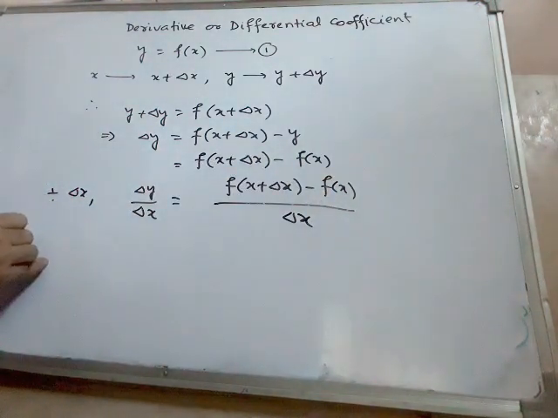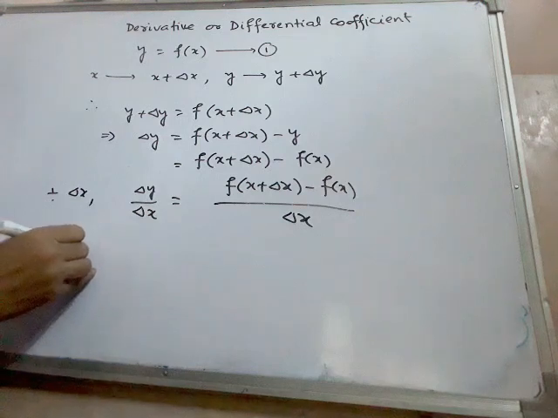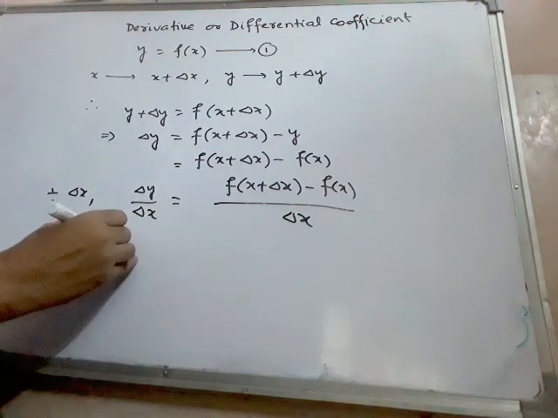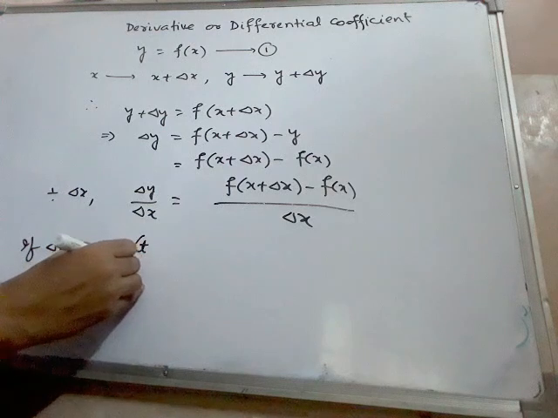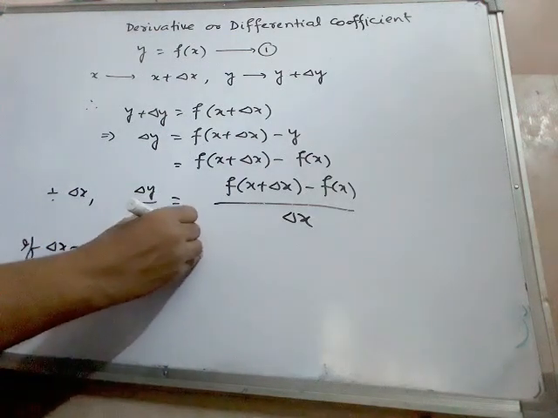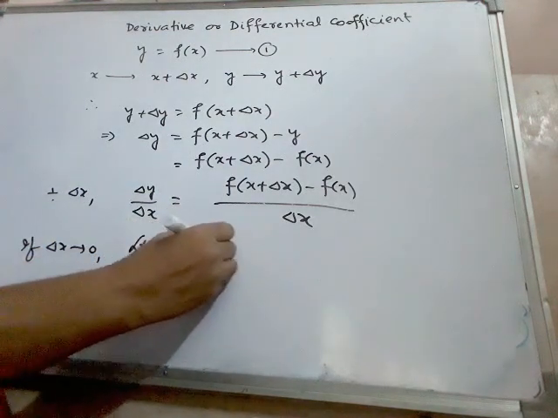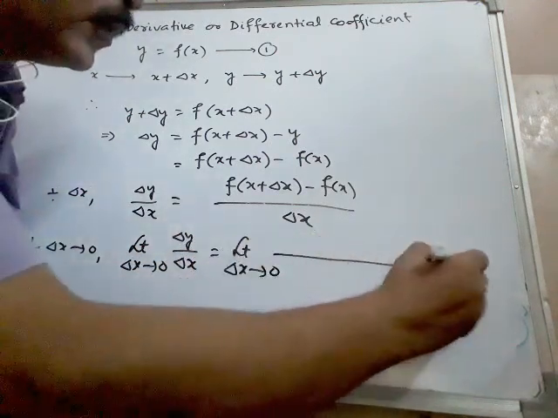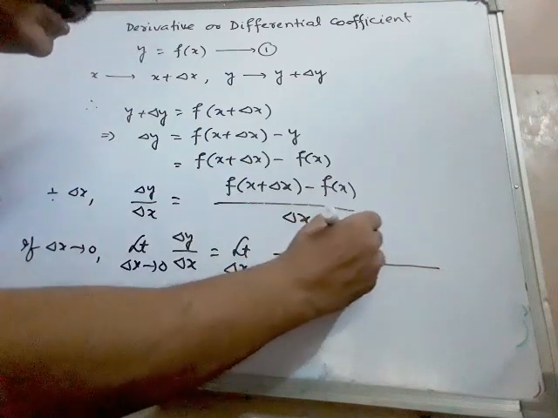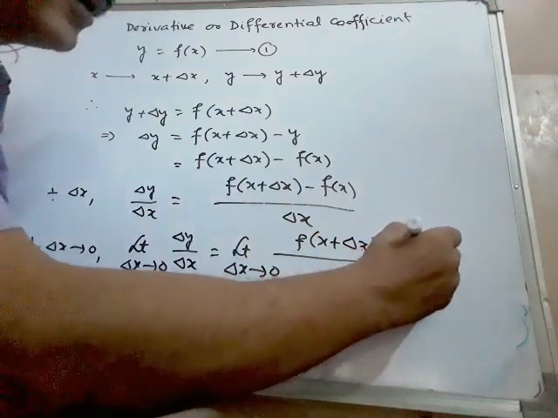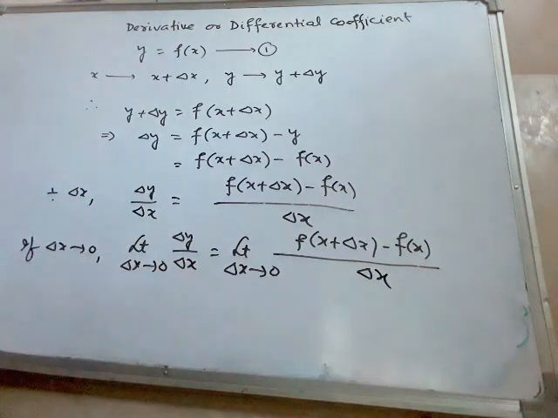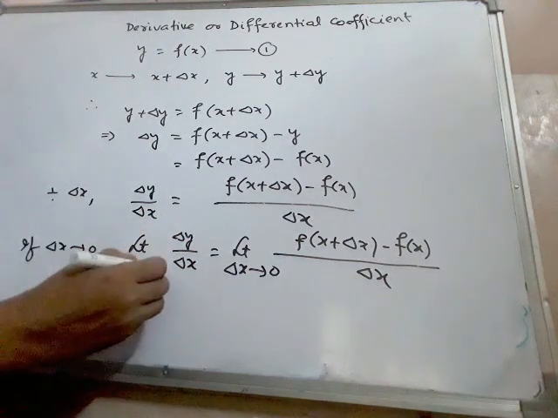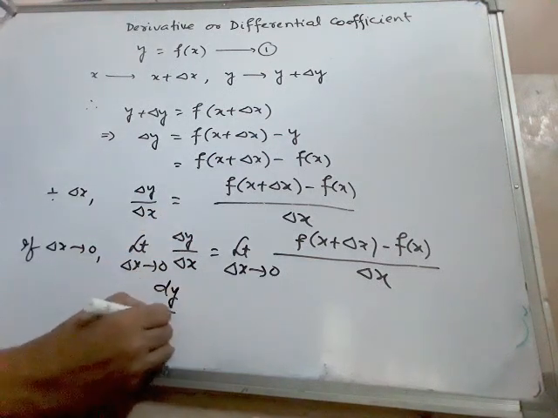If delta x tends to 0, then limit delta x tending to 0 of delta y by delta x equals limit delta x tending to 0 of f(x plus delta x) minus f(x) by delta x. Now delta y by delta x, when delta x tends to 0, the limiting value of that is called dy by dx.